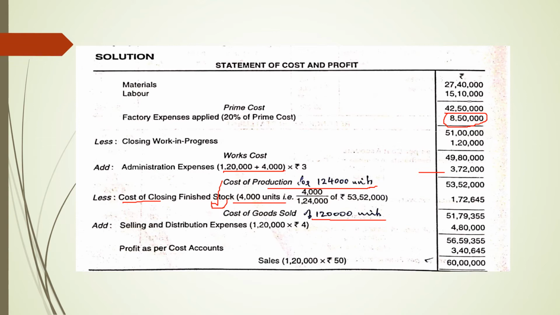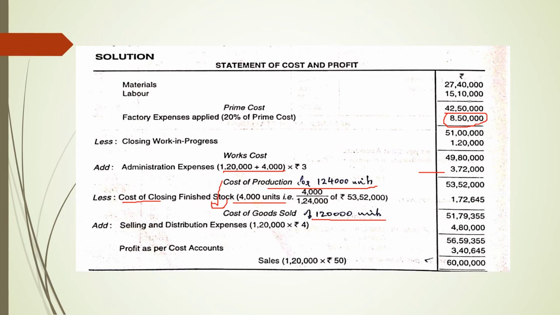In the calculation of cost per unit, we have to take all the decimal values shown in your calculator. So the cost of production less the closing stock becomes the cost of goods sold. This becomes the value 51,79,355.